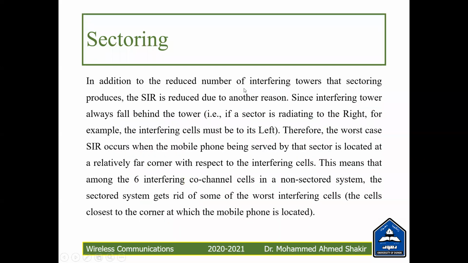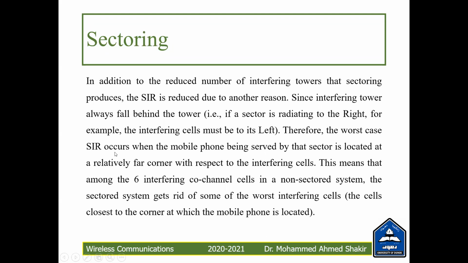In addition to the reduced number of interfering towers that sectoring produces, the SIR is improved for another reason: interfering towers always fall behind the tower if the sector is radiating to the right. For example, the interfering cell must be to the left.